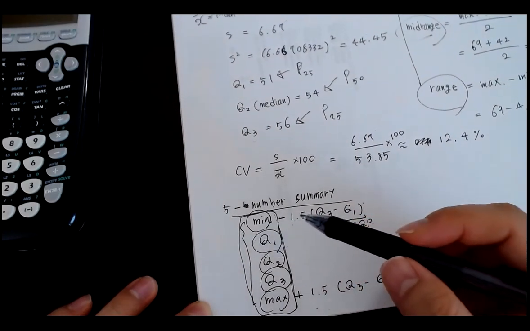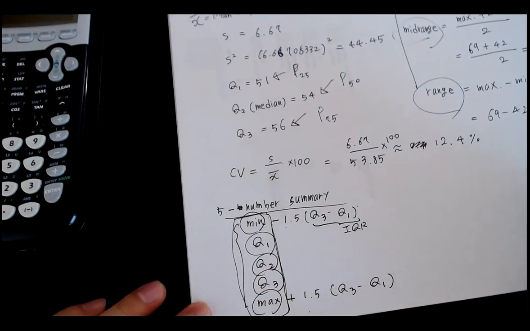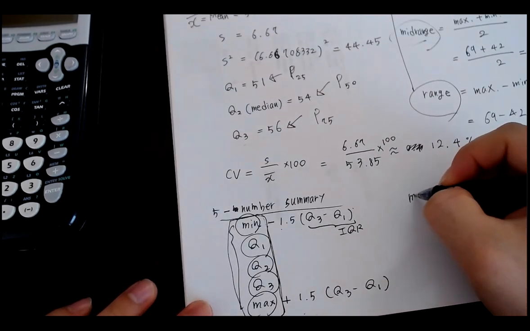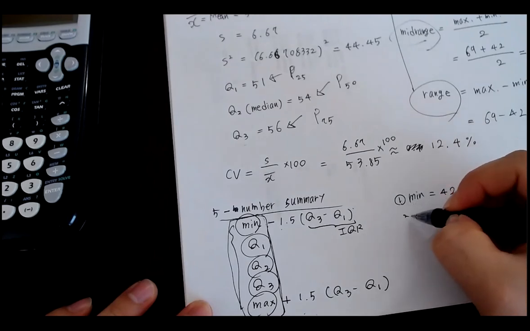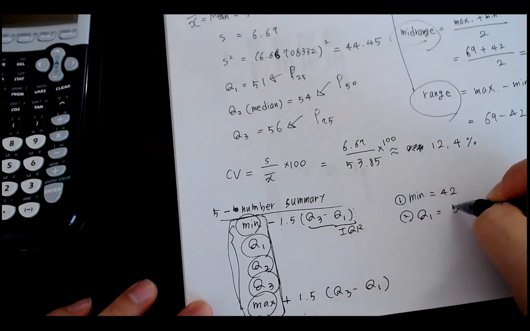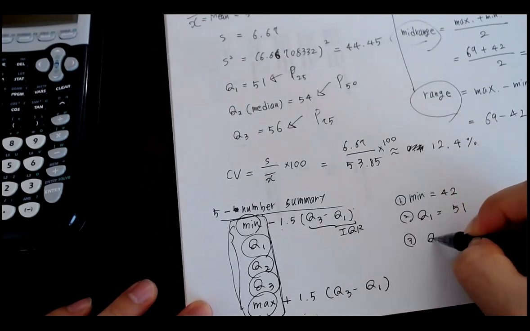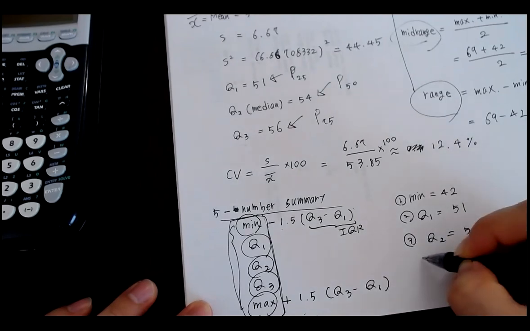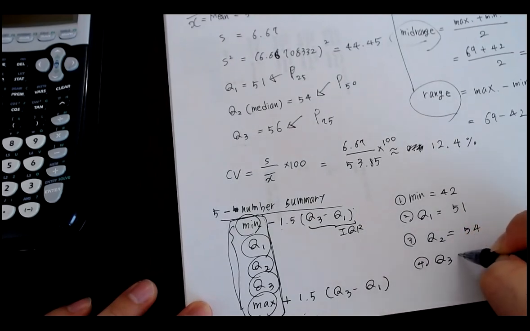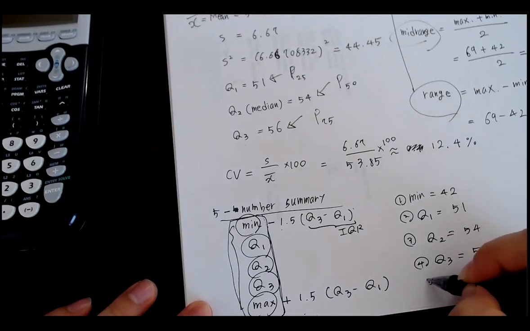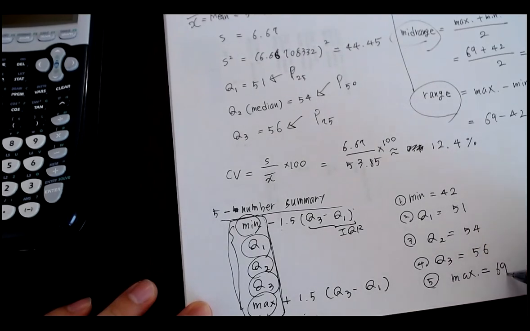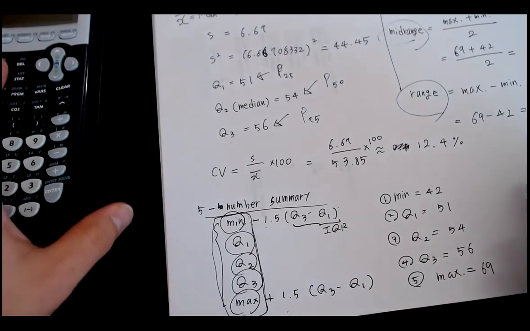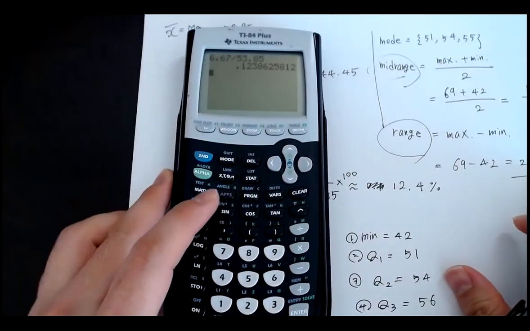So minimum is 42. Q1 was 51, Q2 is 54, Q3 is 56, and maximum is 69, right? So how do we plot the box plot?